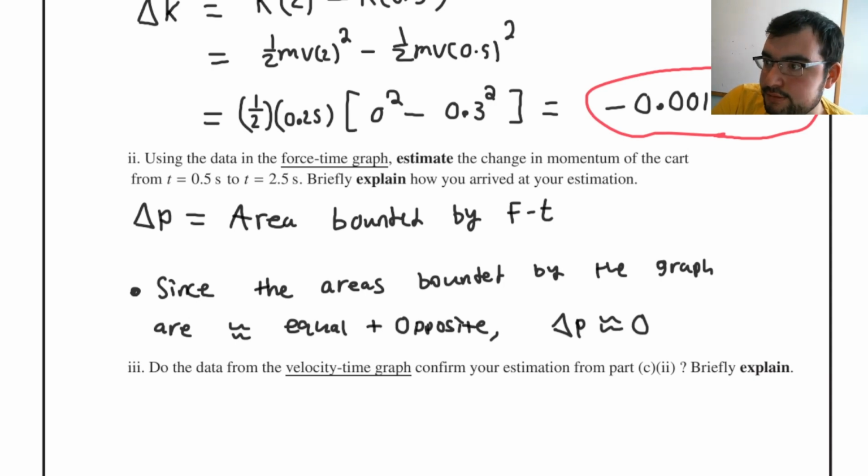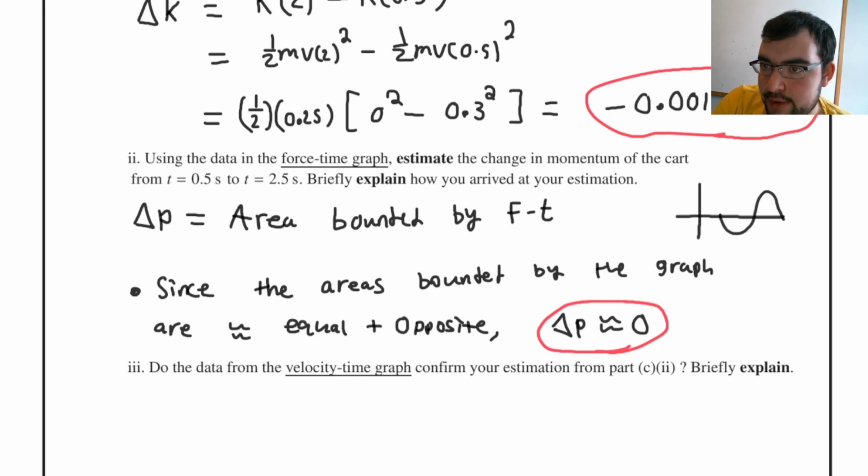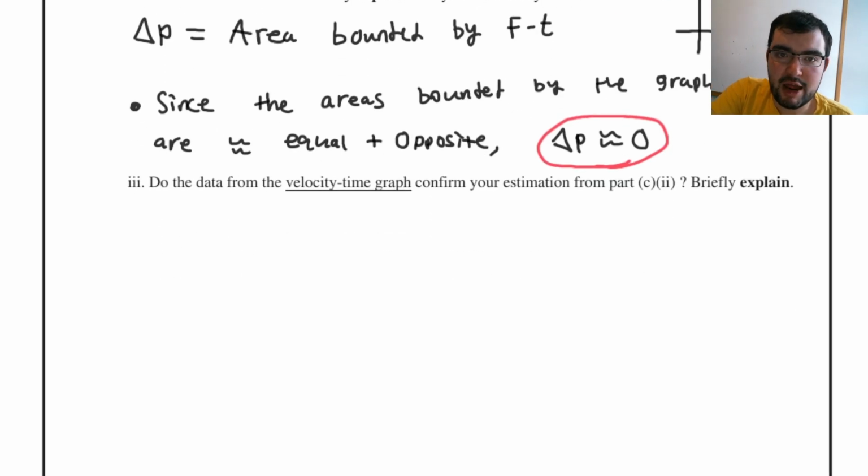So, to get points on this part, I'd imagine you'd have to obviously reference delta P is going to be roughly 0, and then something like this, indicating that you have some knowledge of the fact that these two areas are going to cancel. And I imagine they're pretty lenient with what that means.